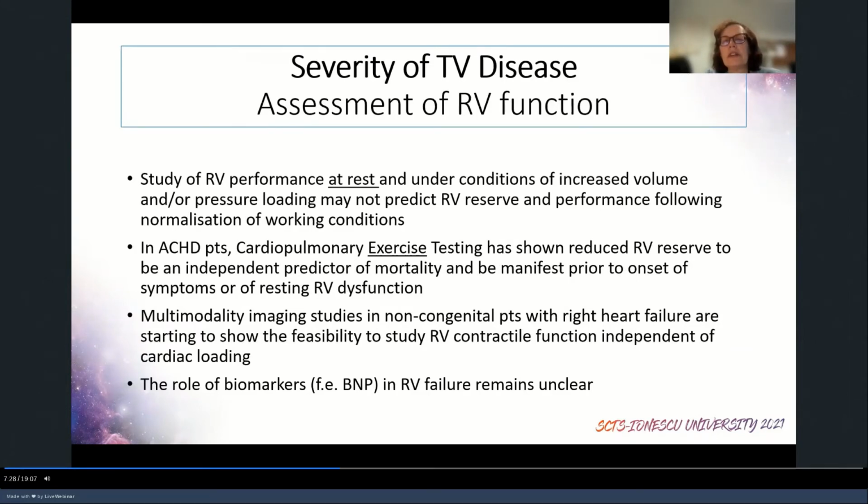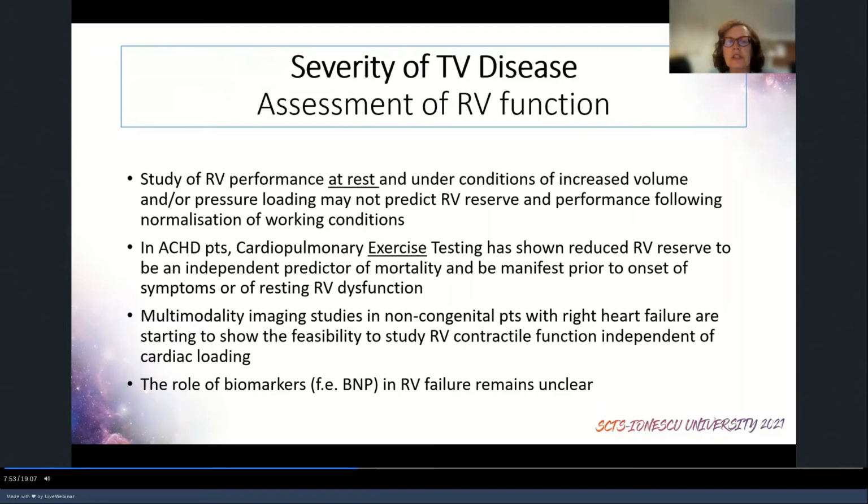If we're interested in assessing the right ventricular function in more detail, then it is important to realize that a lot of the earlier imaging studies are all performed at rest. And what we really are interested in is what the cardiac reserve is, and rest measurements may not be representative for this.